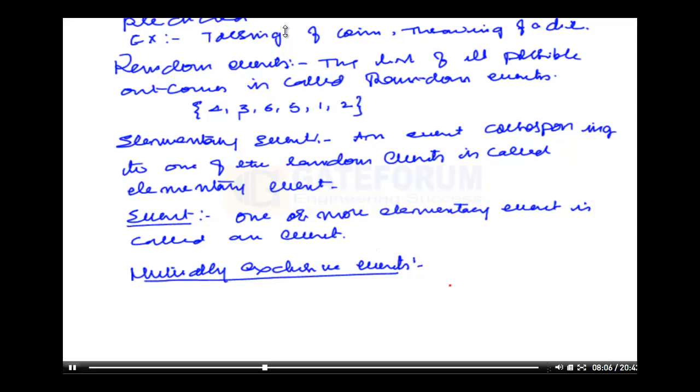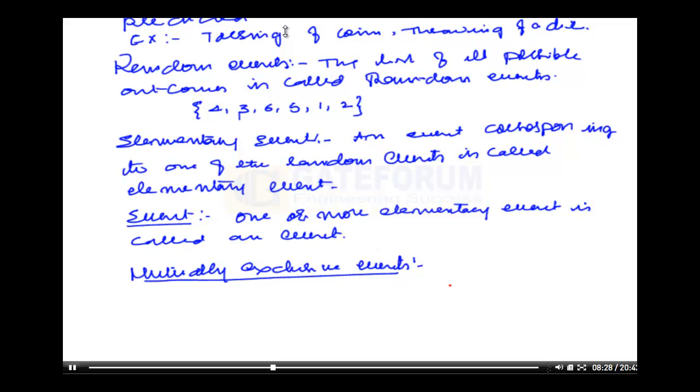Sometimes we can define mutually exclusive events as dependent events, because such events do not occur simultaneously.